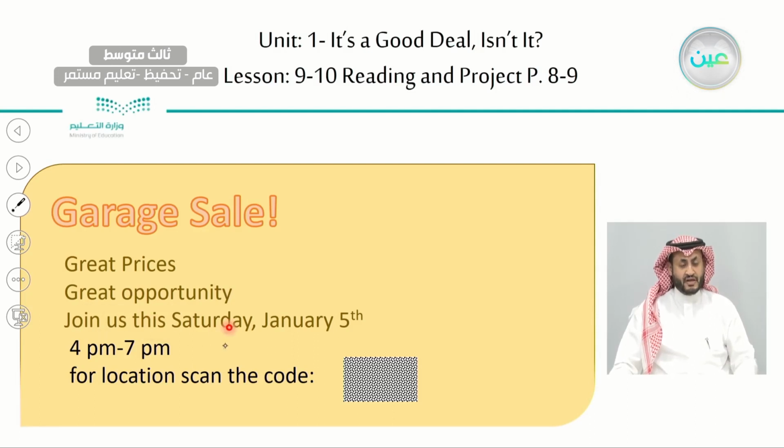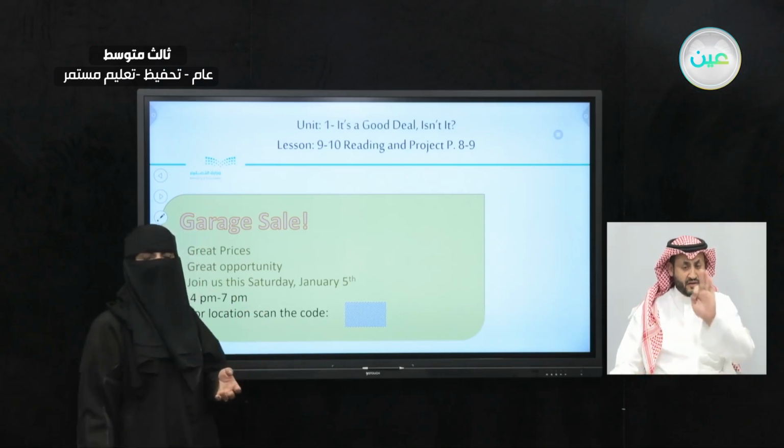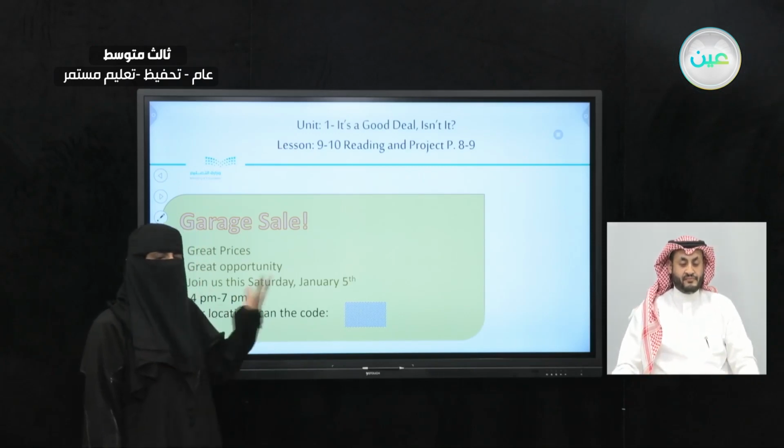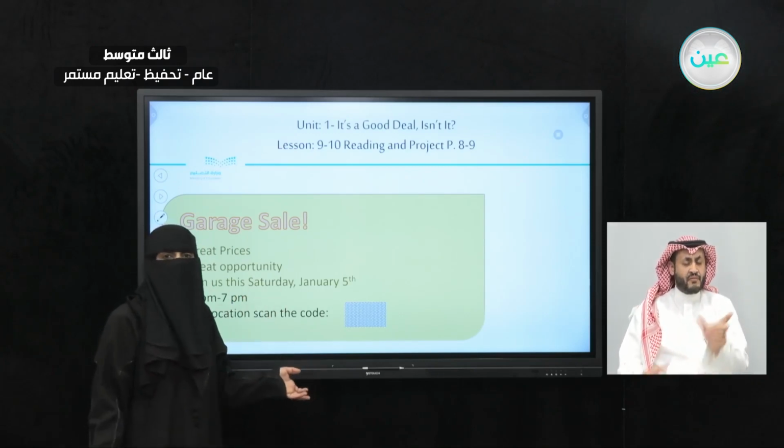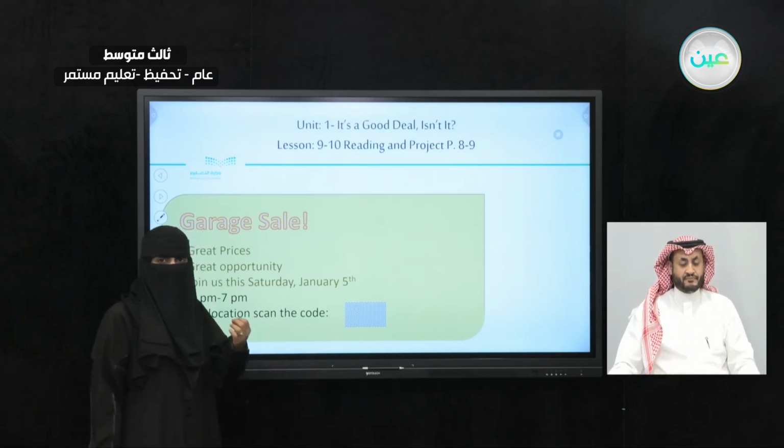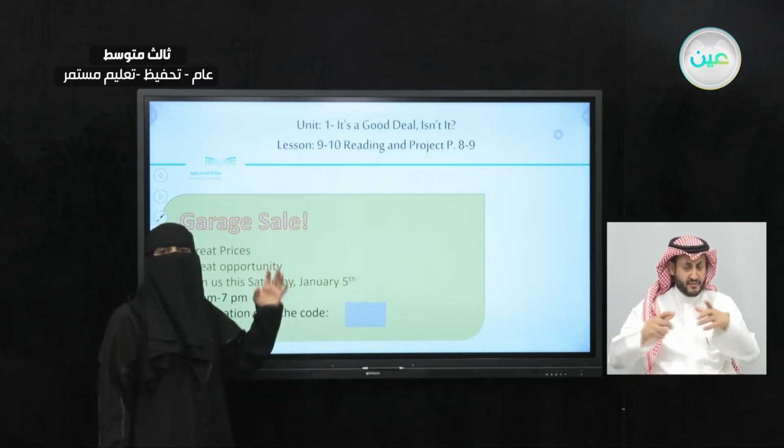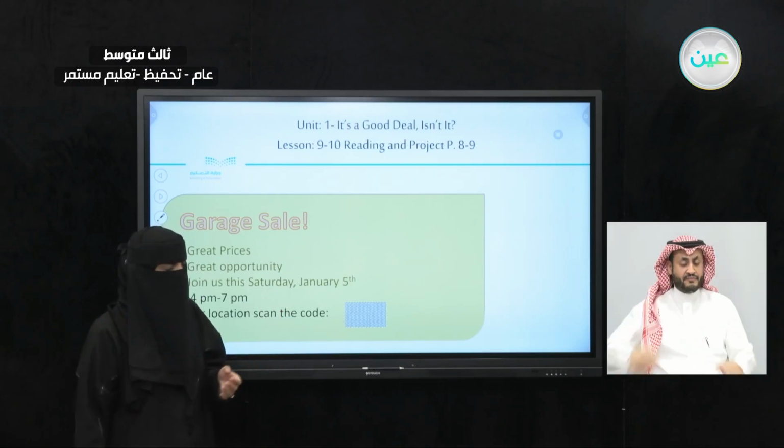Join us this Saturday, January 5th, 4 p.m. to 7 p.m. For location, scan the code. I put the code so they can scan it and go to the location. Or you can write details, the location, or you can write a cell phone number for reference, okay?